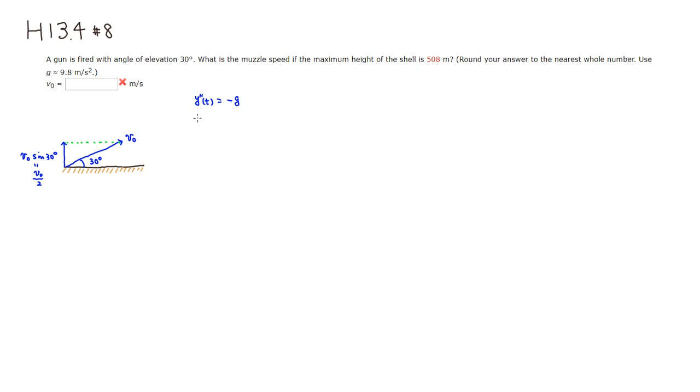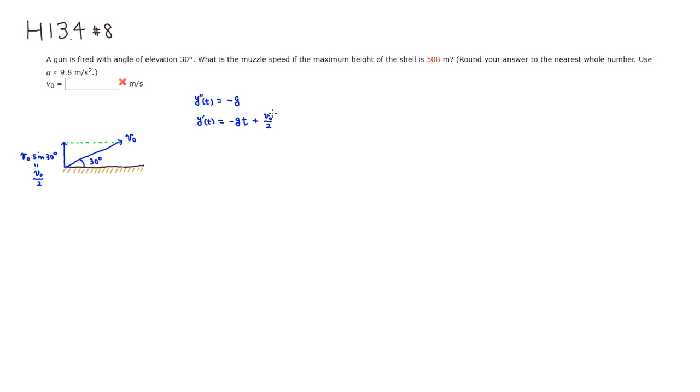If you take the antiderivative, you have y prime, which is the velocity in the vertical direction. It's going to be negative g times t, g is just a number, plus some constant c. You find this constant since the initial velocity is v0 over 2, so c comes out to be v0 over 2.